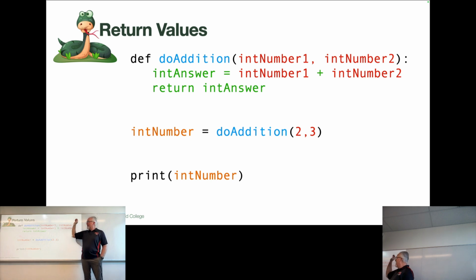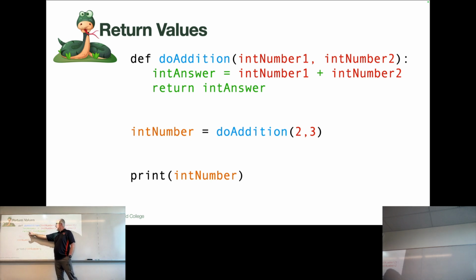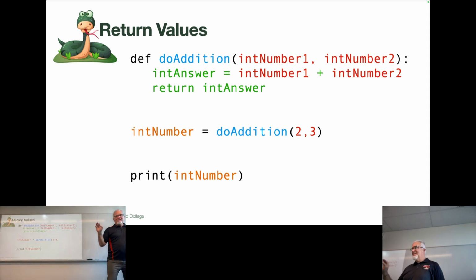So I add those together, put them in that box, and then underneath that, I have a line that says return int answer. What that means is you're going to send that back. Once you're done doing the math, you're going to send that value back to Python.